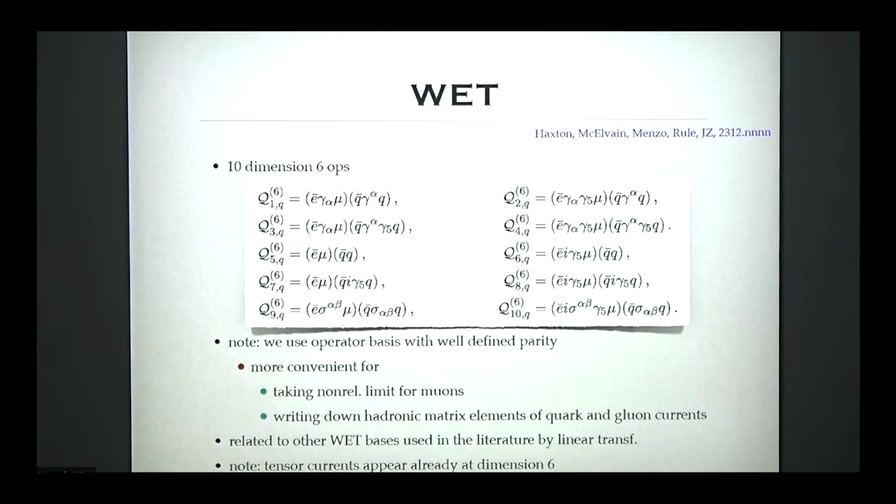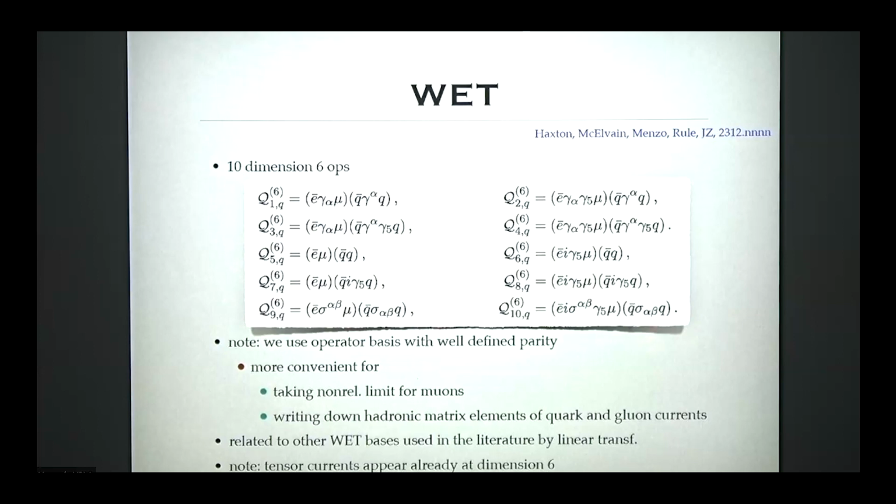They are of the form of vector currents, so either vector or axial. So that's these 4 combinations. So either vector or axial on the leptons, or vector or axial on the quark side. Then it's the same story with the scalar versus pseudoscalar. So either scalar or pseudoscalar on the lepton, and the same for the quark. So that gives me another 4. And then there are 2 tensor operators.